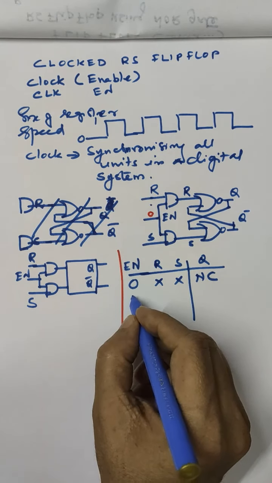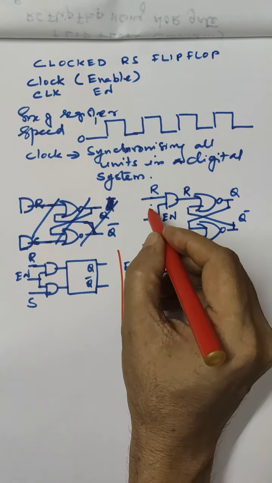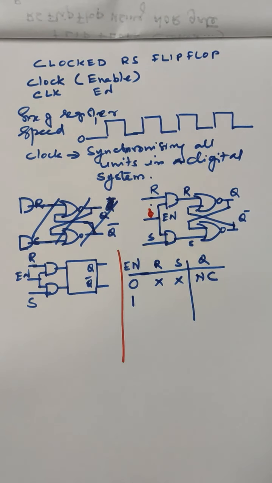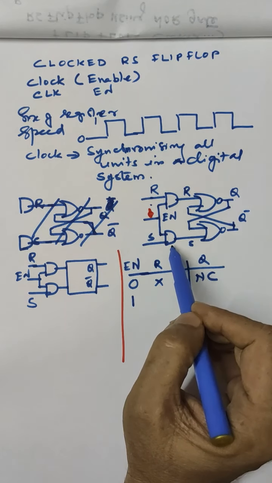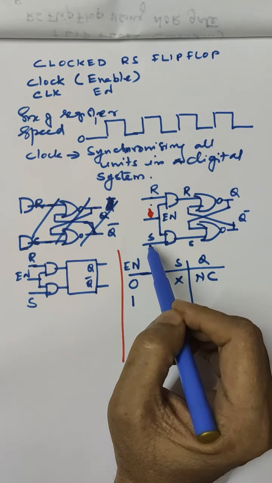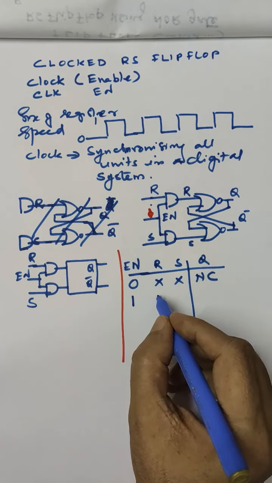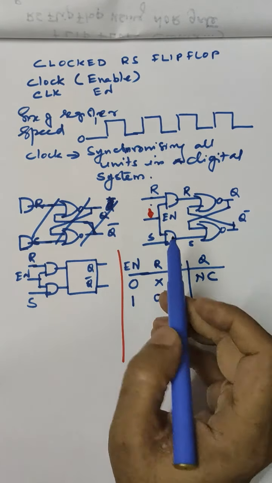Now if you make enable 1, you can see that the output of these AND gates, whether it is 1 or not, depends upon the second input. So we can write down here, when R is equal to 0 and S is equal to 1.